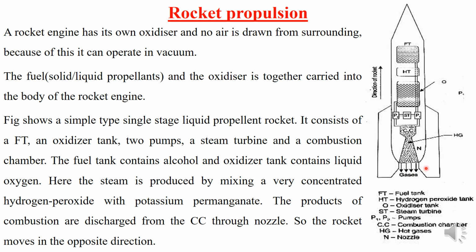Your fuel tank may have either solid or liquid propellant. Now we will talk about the liquid propellant system. It is a single stage liquid propellant rocket, consisting of a fuel tank, oxidizer, and the other parts I already described. The liquid fuel is fed using either a pressure feed pump or another pump.